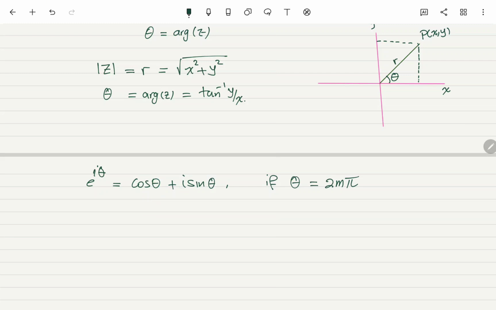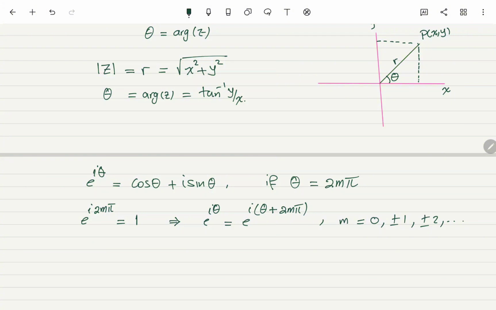So from this definition here, e to the i 2m pi is always equal to 1. Therefore, we can generalize e to the i theta is equal to e to the i theta plus 2m pi, because this part here is equal to 1, and m here equals 0, plus minus 1, plus minus 2, and so on.